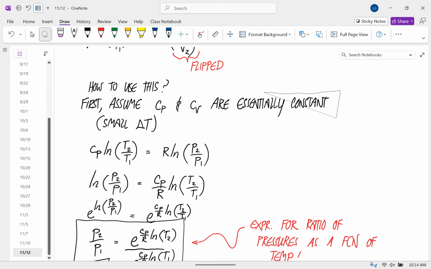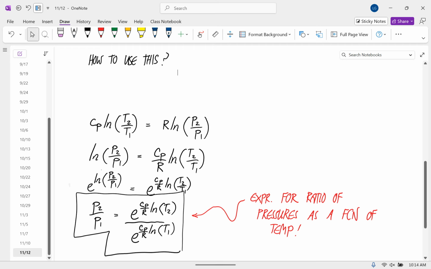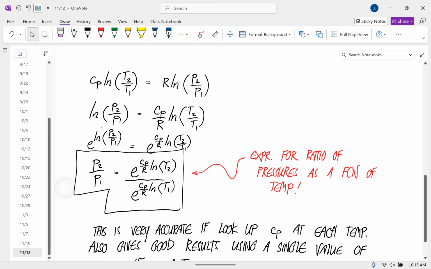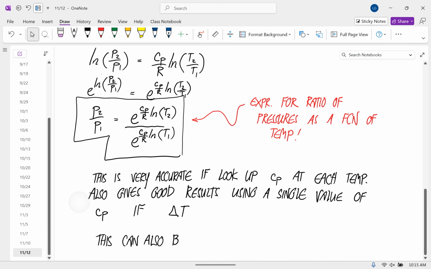So how do we use this? There's no requirement that this be a small change in temperature. There is a requirement that it's a smallish change in temperature if you're going to use the same Cp value here.